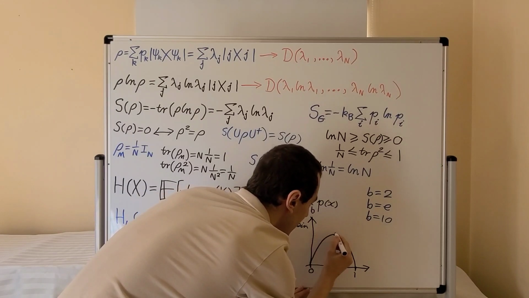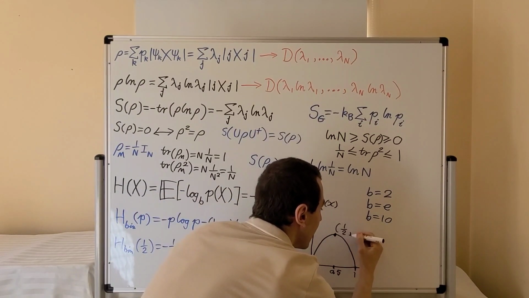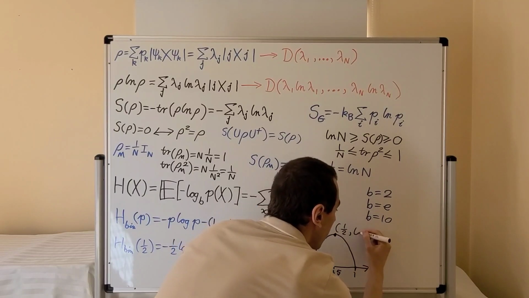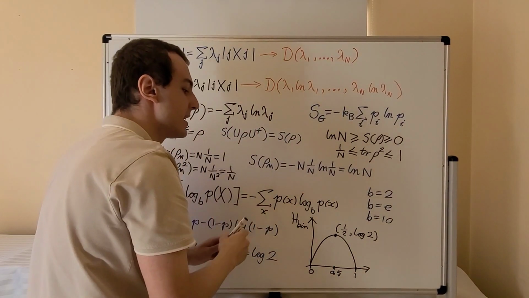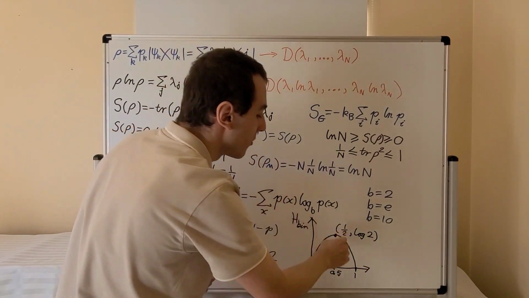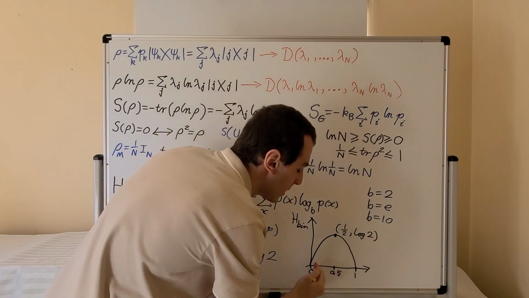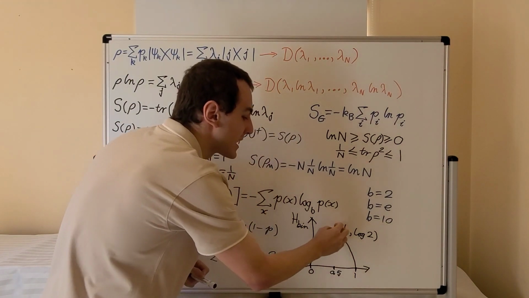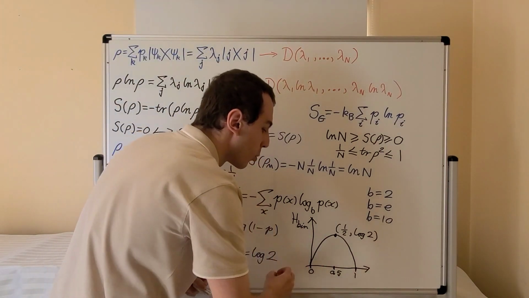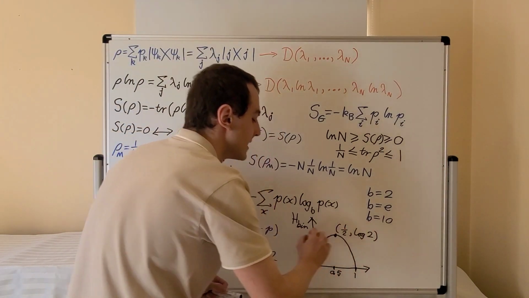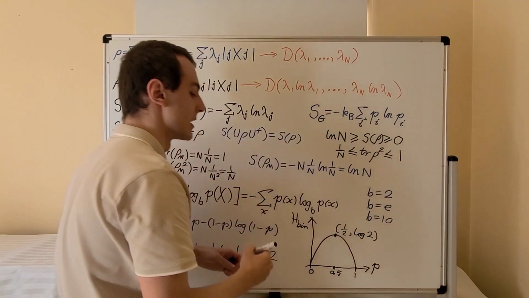And the other coordinate is log of 2. So these are the coordinates over here of the maximum point. So over here, we're dealing with this point in the middle, and that gives us the maximum value for this entropy. So 1/2 is this horizontal coordinate, and this vertical coordinate is log of 2. And I'll just label this axis as the probability.